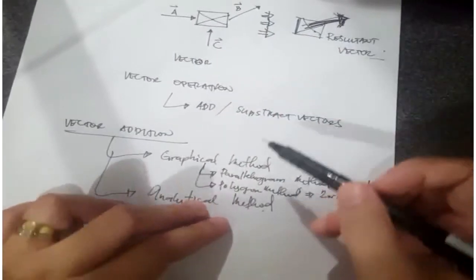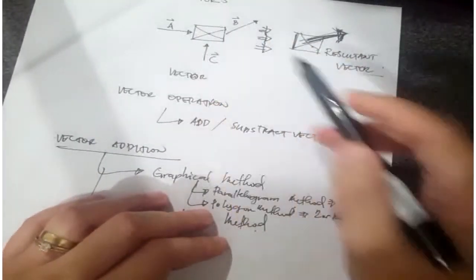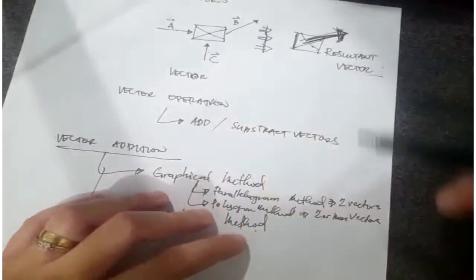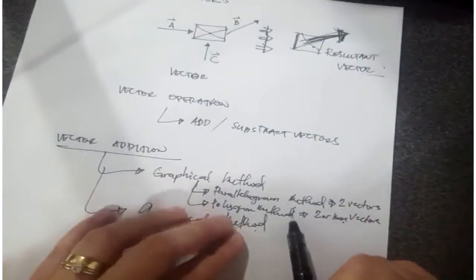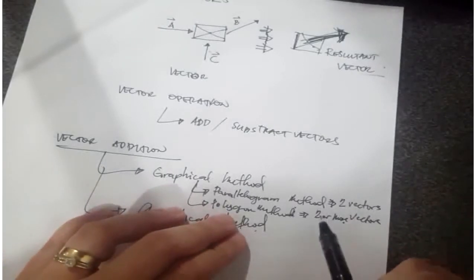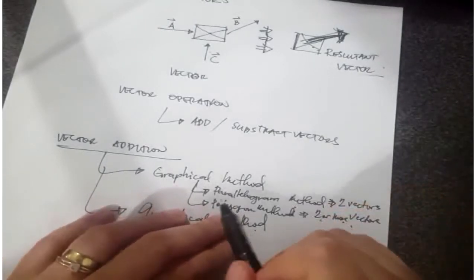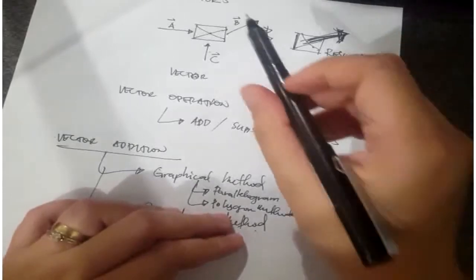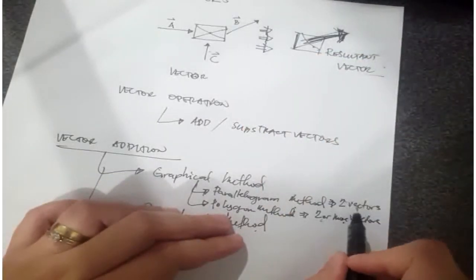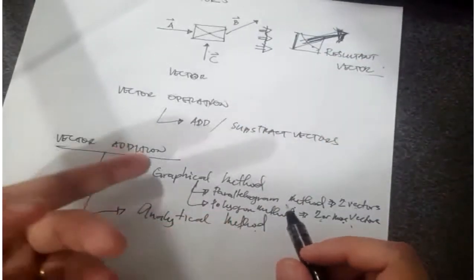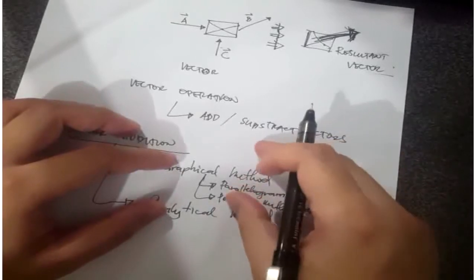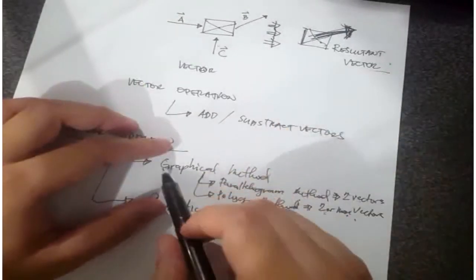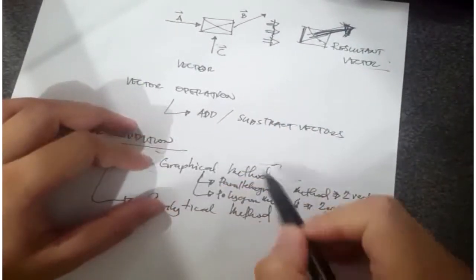But when we have more than two, let's say here we have three vectors, we need to use the polygon method, since parallelogram method is not applicable when there are more than two vectors. That is the graphical approach, meaning you need to use a ruler and protractor to do this method.